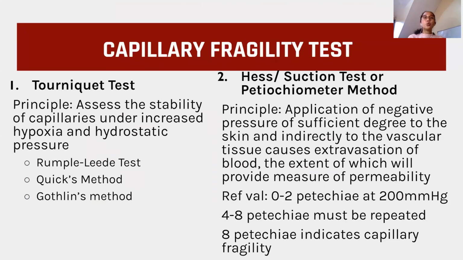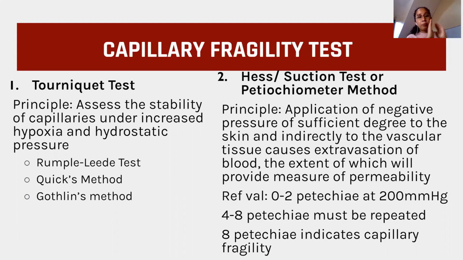So class, there are two main tests under your capillary fragility. We have your tourniquet test and your Hess or suction test or petechiometer method. So ito yung mga general na test. Kasi tourniquet test class, these are the ones, itong Rumpel-Leede, Quicks, and Goslings.